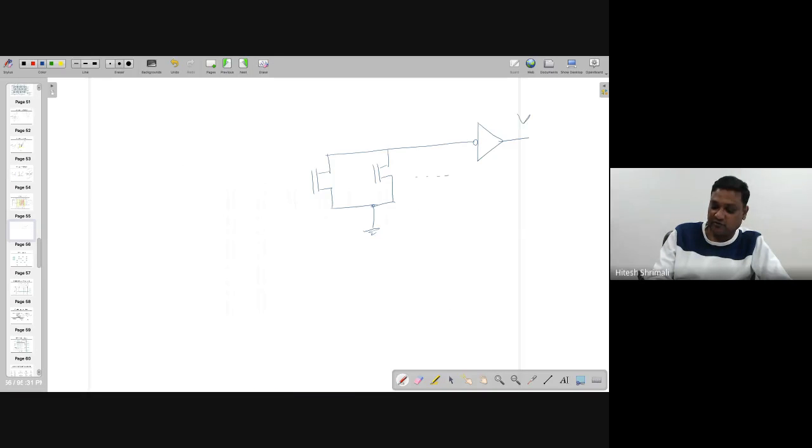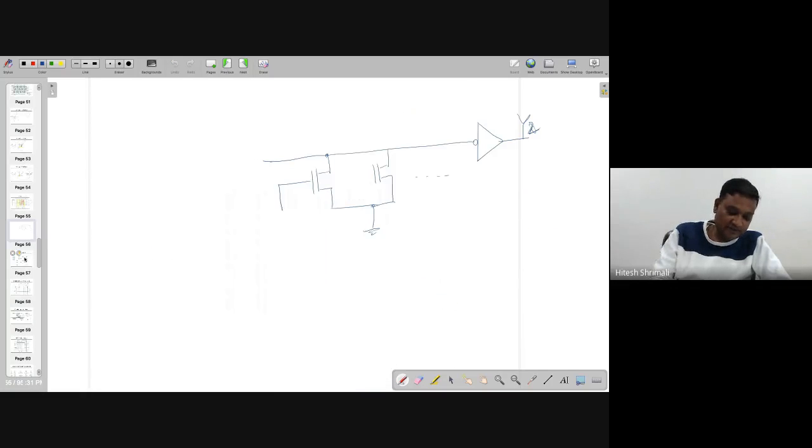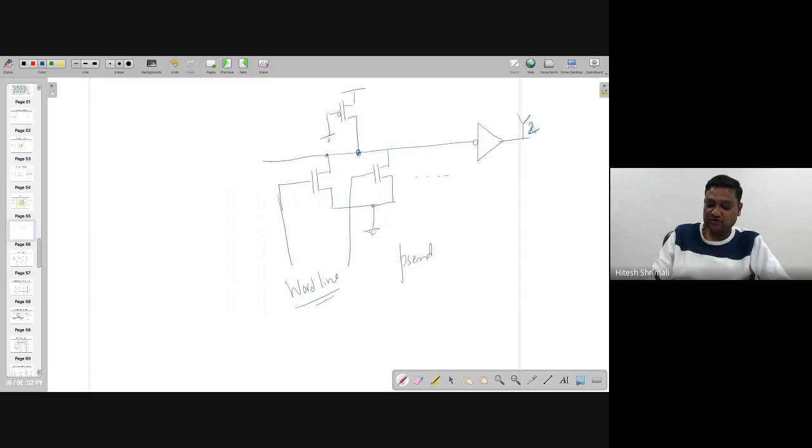Let's say I'm talking about Y2 or Y3, whatever it is, and here the gate is connected with the word line, or the word, whatever is given to you, and this side it's connected to ground. So this looks like a pseudo NMOS structure which we have studied in combinational circuits, right?